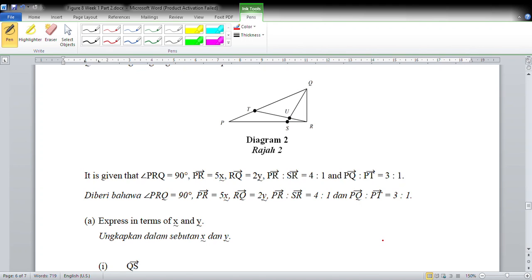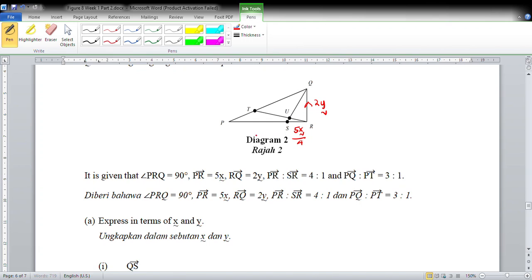Okay, so let's look at QS. Let me label all the sides first. RQ is 2y. This was 1 part and this was 3 parts. So all together, 4 parts of 5x. So 5x divided by 4, that's 5/4 x.